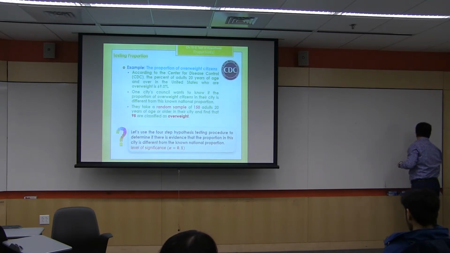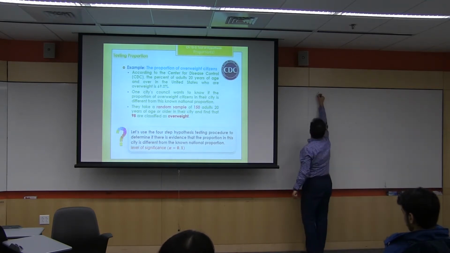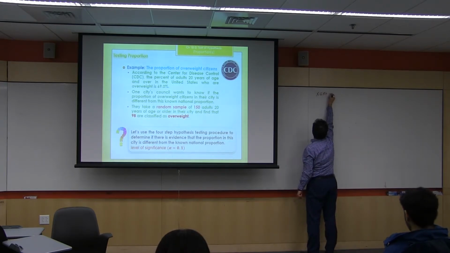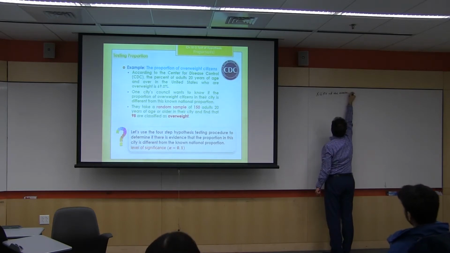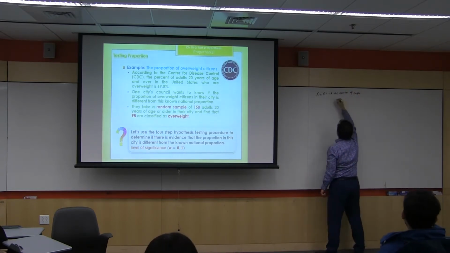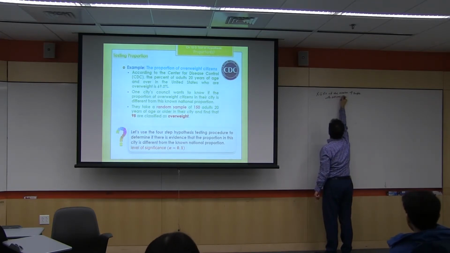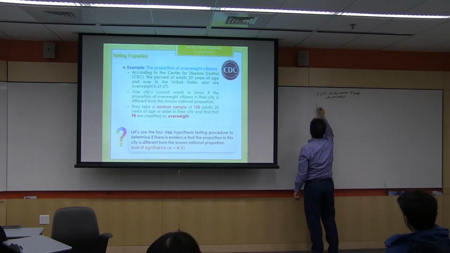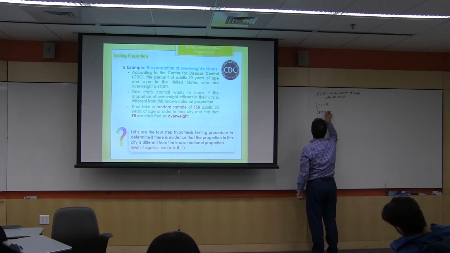X is basically the random variable of the number of people with overweight, and I'm testing the proportion p equals p naught, which is 0.69. P is not equal to 0.69.